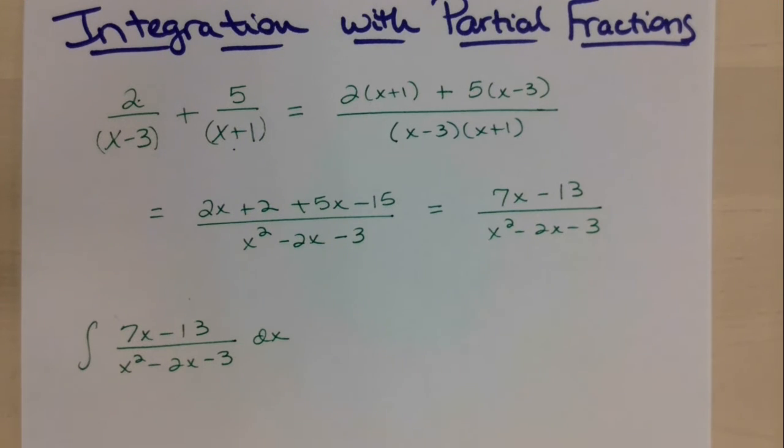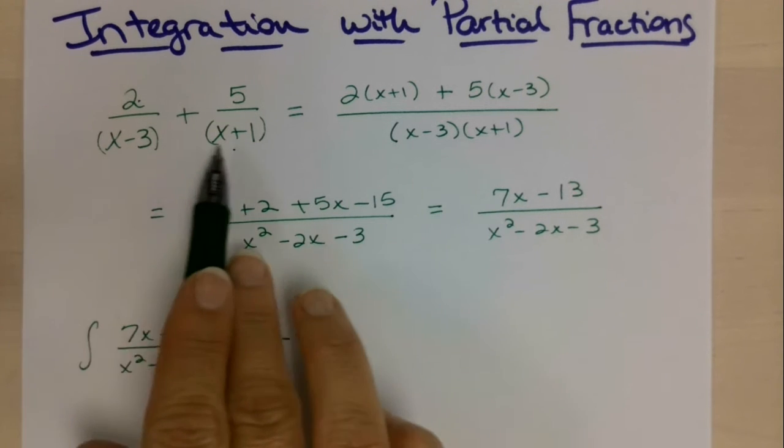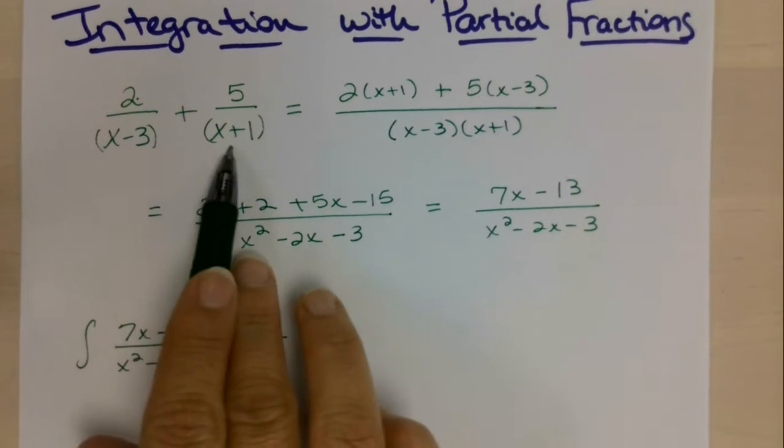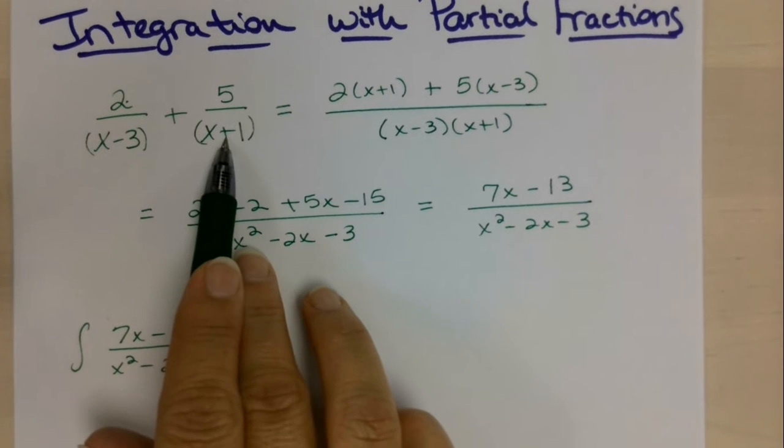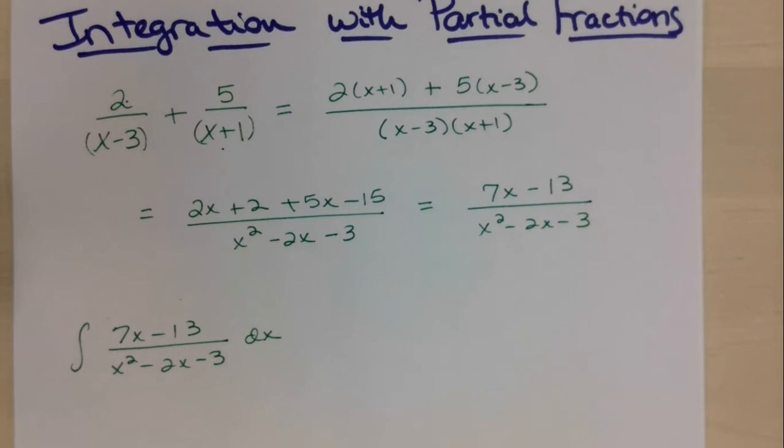There's really no other strategy here. But if I can decompose this rational expression and get it back to this form that I started with up here, then this is something that we can integrate. So that's what we want to determine how to do.